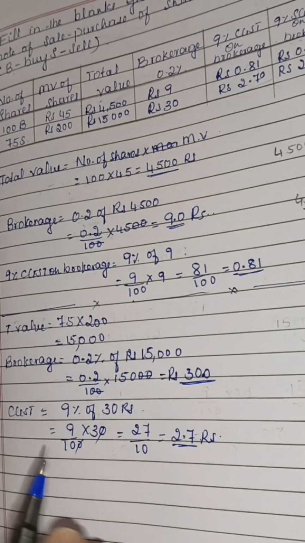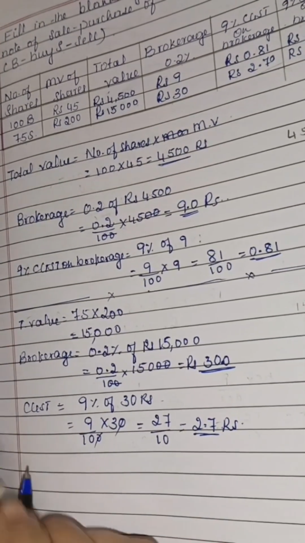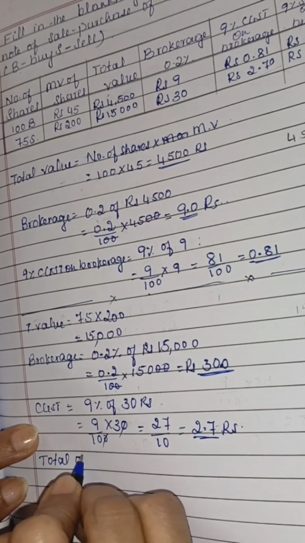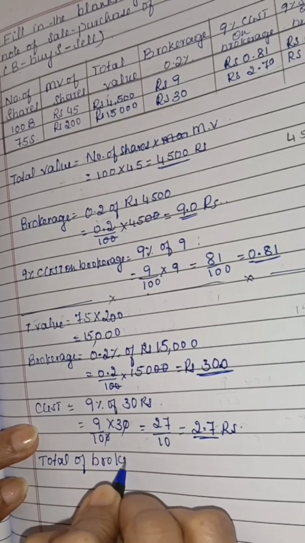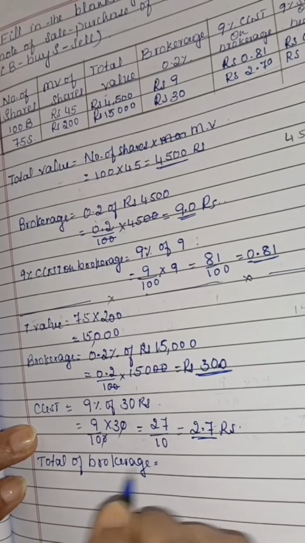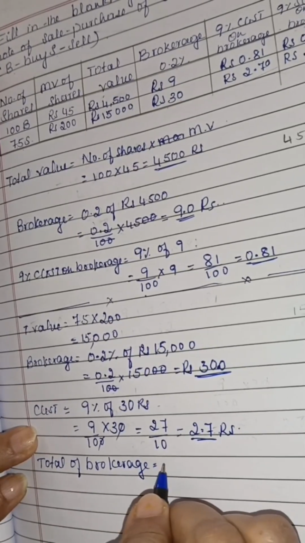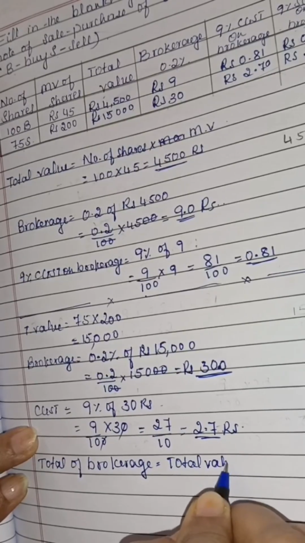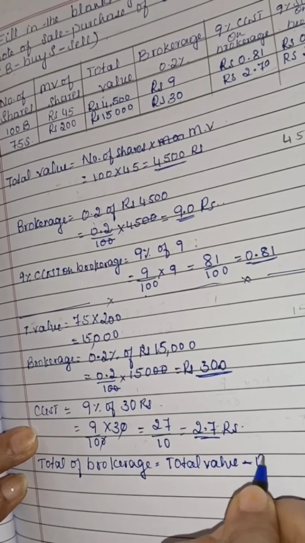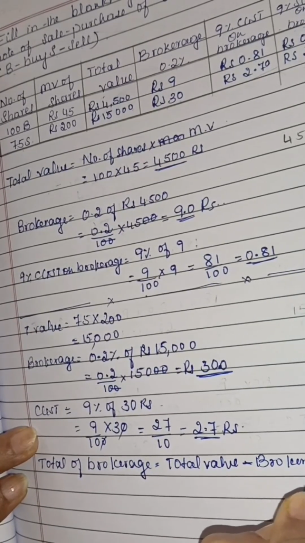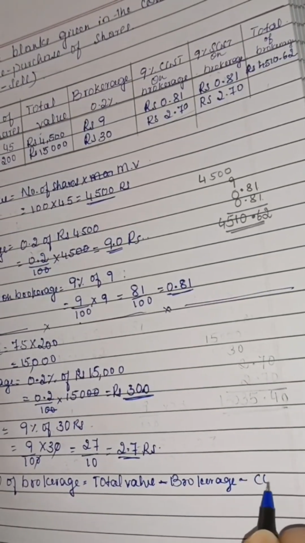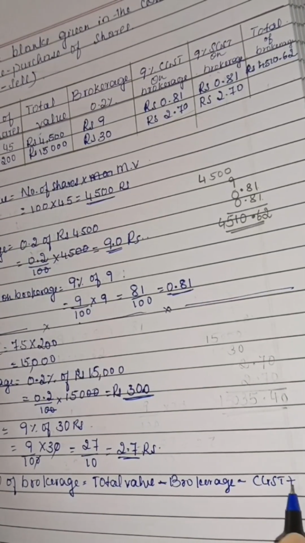See, for this, the total of brokerage is first total value, then minus brokerage, then minus CGST plus SGST.